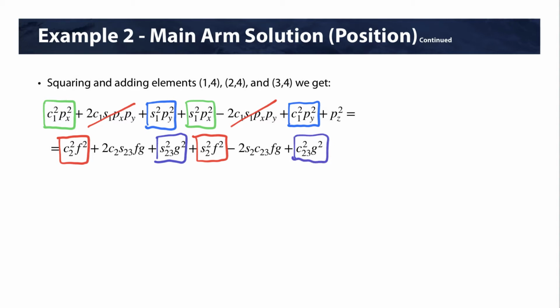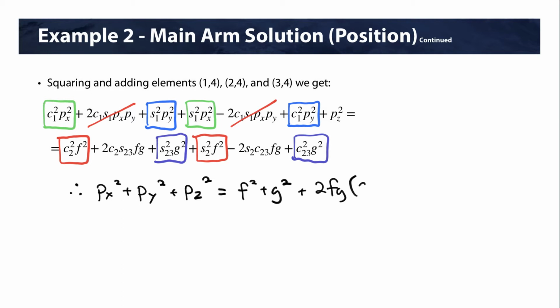Taking all those simplifications into account, what we're left with is px squared plus py squared plus pz squared on the left-hand side, and those are all known, so that's good. On the right-hand side, we have f squared plus g squared plus 2fg times (c2 s23 minus s2 c23).